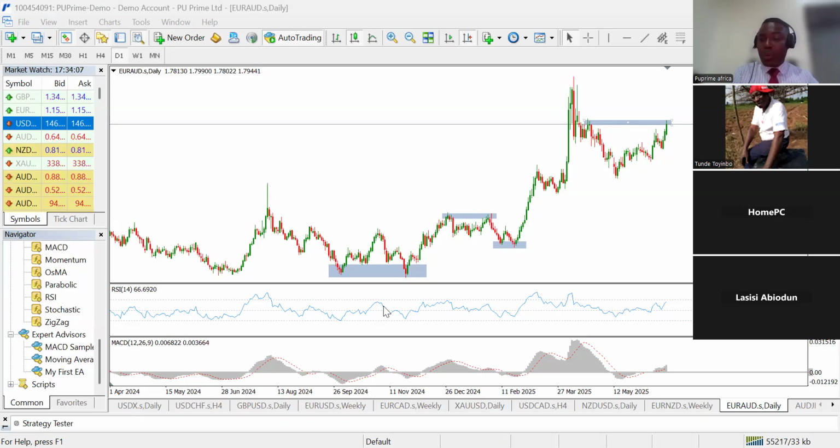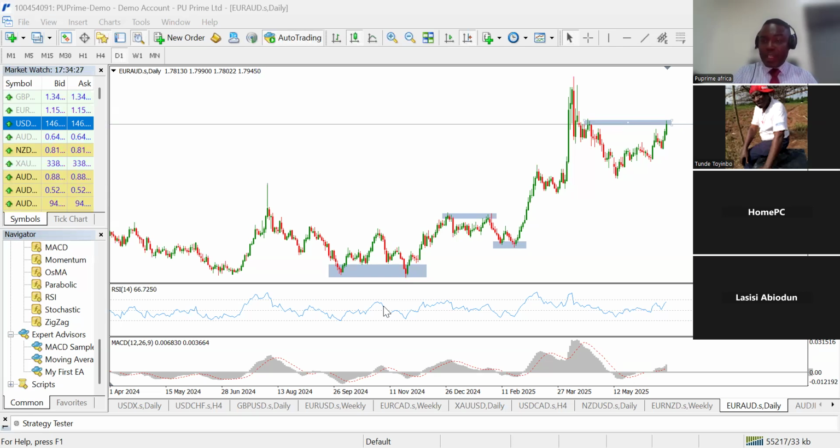If a strategy had worked well in the past, there's a high tendency it's going to work today. If a strategy has not worked well in the past, there's a high chance that it's not going to work again today. So before you use a strategy, you need to first of all backtest it by going back in history, flipping your chart back to see if it had worked well.